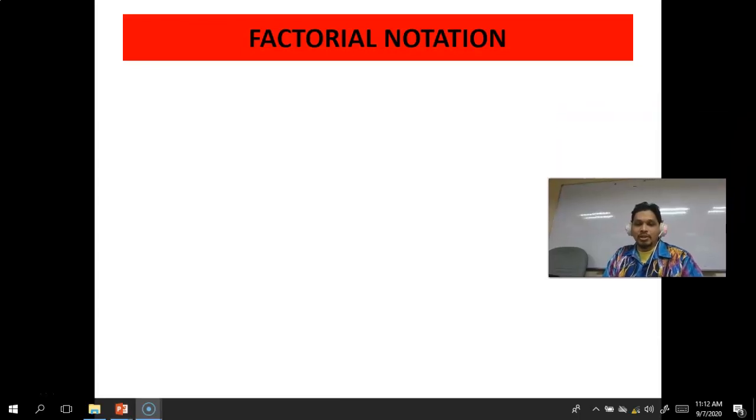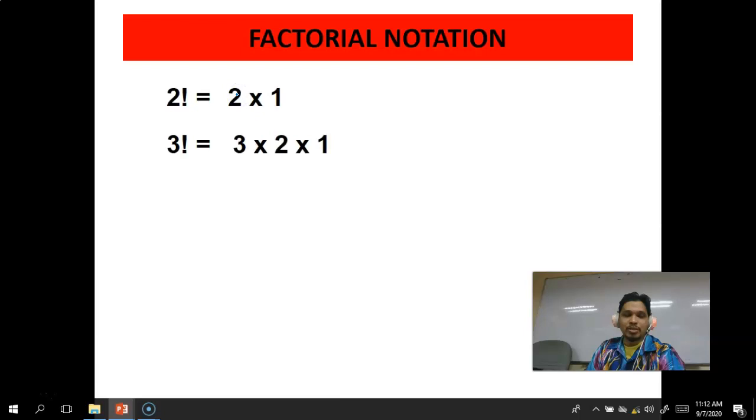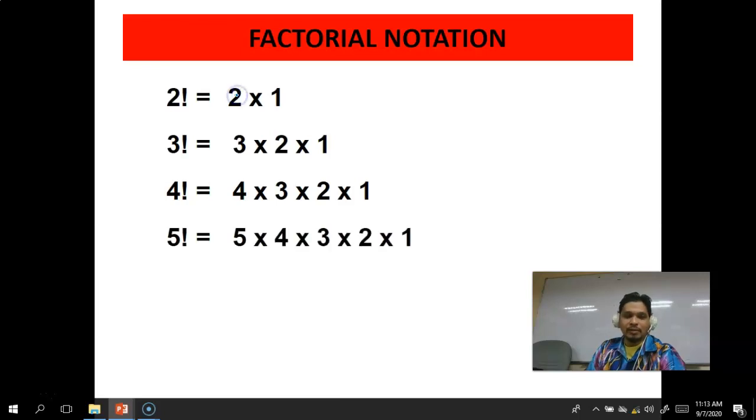factorial notation. So 2 factorial is equal to 2 times 1, 3 factorial, which is 3 times 2 times 1, 4 factorial, 5 factorial, and so on.